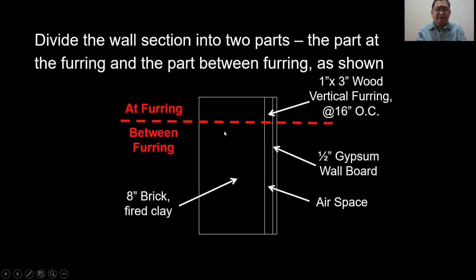So to make it simpler, we will divide the wall section into two parts: the part at the furring and the part between the furring, as shown below. So this will be at furring here, and this one here is between the furring.